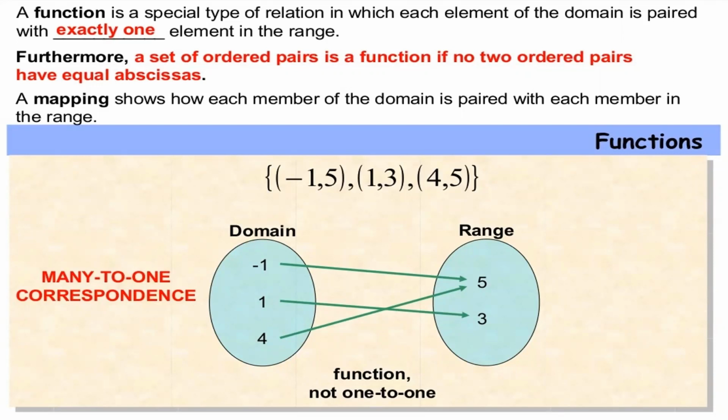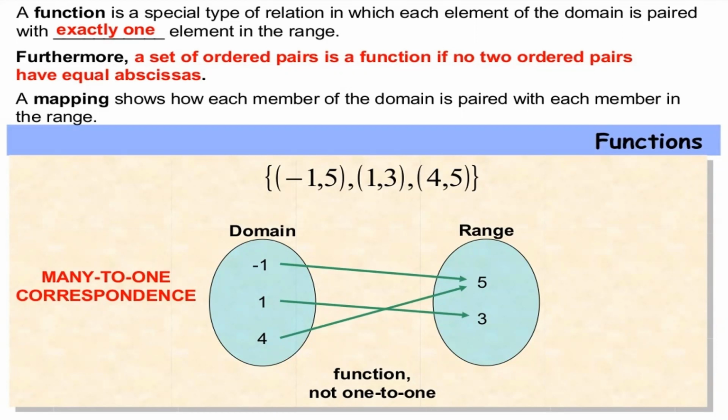So if we list this in mapping, we'll just put this once. Once only. If it's all 5, you only have 5. So in this case, you have two 5s and then one 3. So just list 5 once and then the 3. Okay?